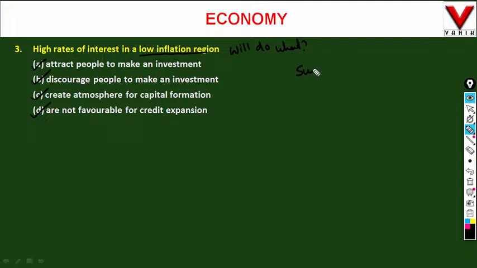Suppose in an area, suppose there is a country called X, and X's inflation rate is very low, and the interest offered is high.